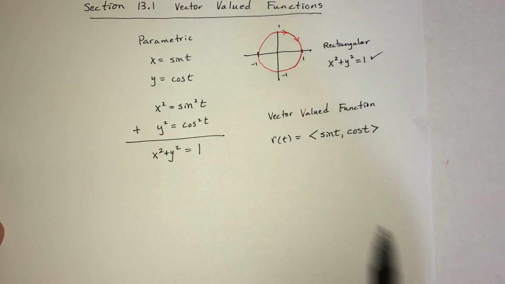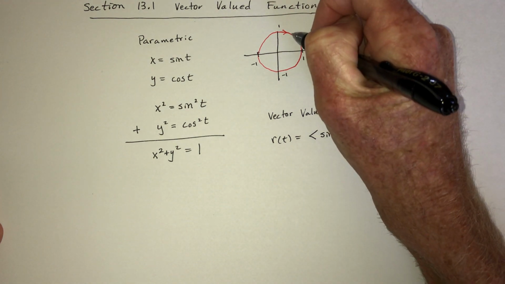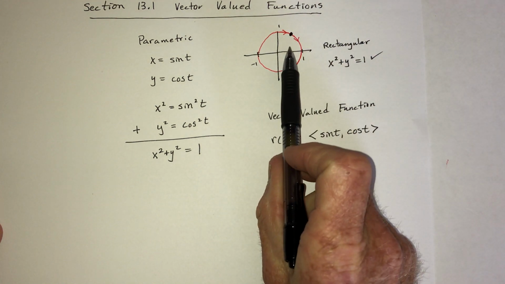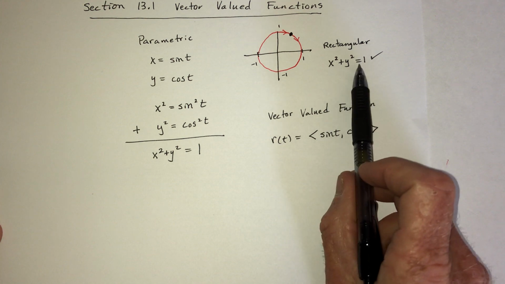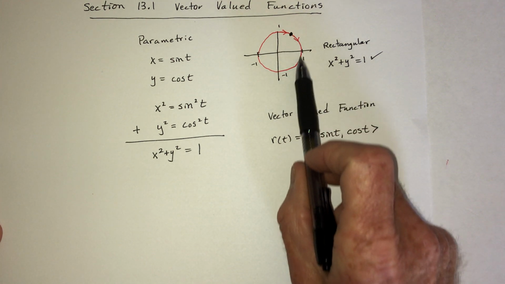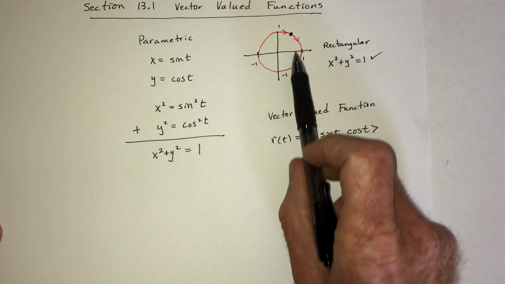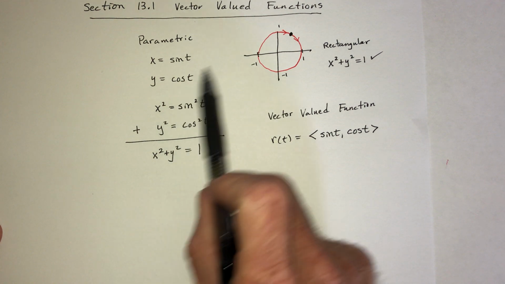Now, this is a vector valued function, which basically means at any point, as the object was going around a circle, at some point it was right there. When you only have the rectangular form, all that tells you is you've got a circle. You don't even know which direction it was drawn. When you have parametric, then you have the idea of time passing.